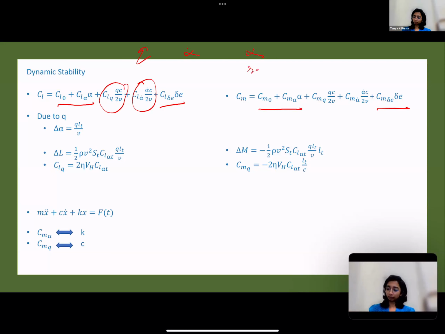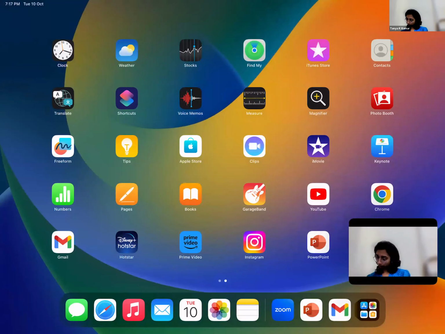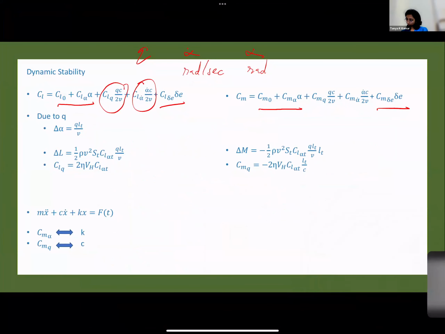It's radian, right? So what is the rate of change of alpha, alpha dot? What is the unit of that? It'll just be radian per second, right? And what about Q? It'll again be radian per second, right?